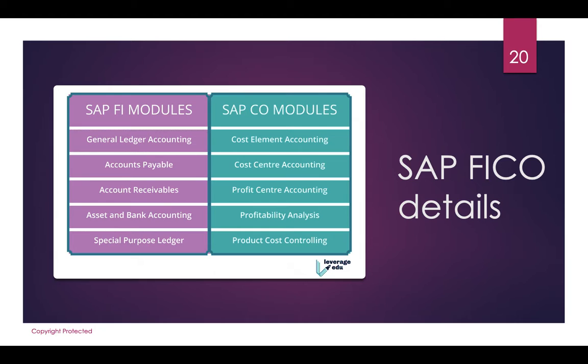Let me go to another important module, which is called the SAP FICO module. So what is FICO? FI is finance management and CO is costing.